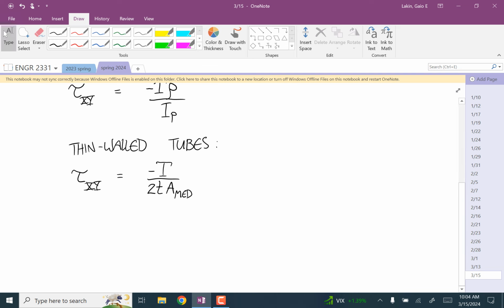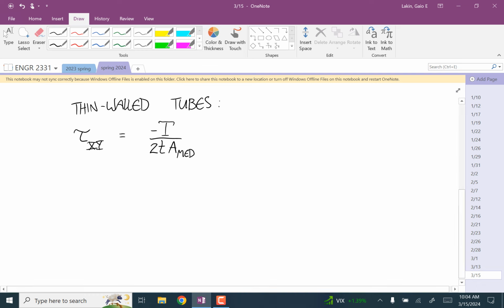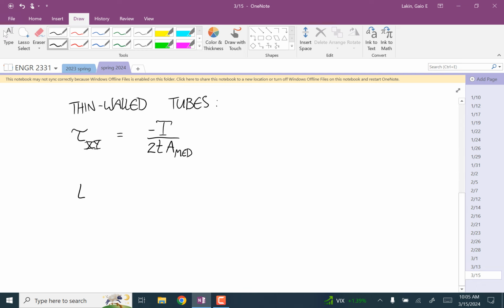Okay, so those are the two things, and we're in the middle of an example where we could use both of these two methods.